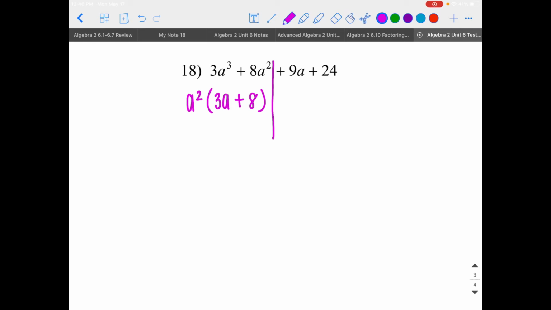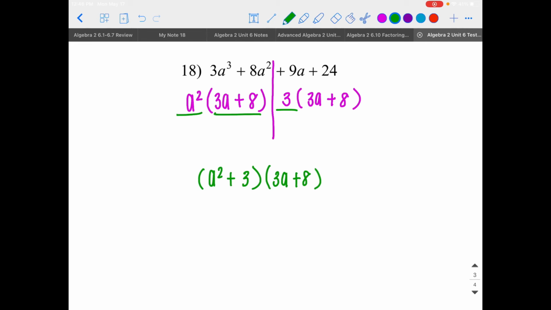On the right side, 9 and 24 are both divisible by 3. So when I divide by 3, we're left with 3a plus 8. And our final answer is a squared plus 3. We take the outside part, and then 3a plus 8, the inside part.